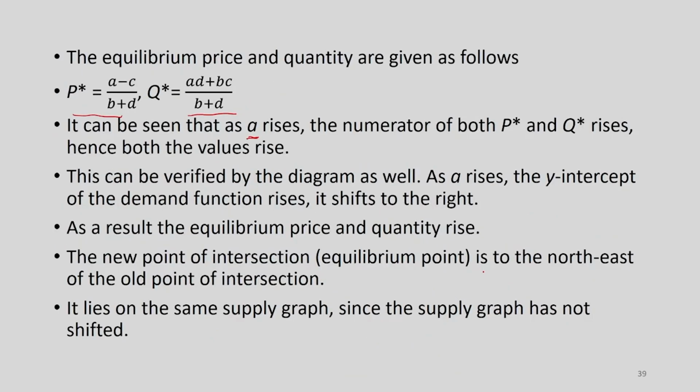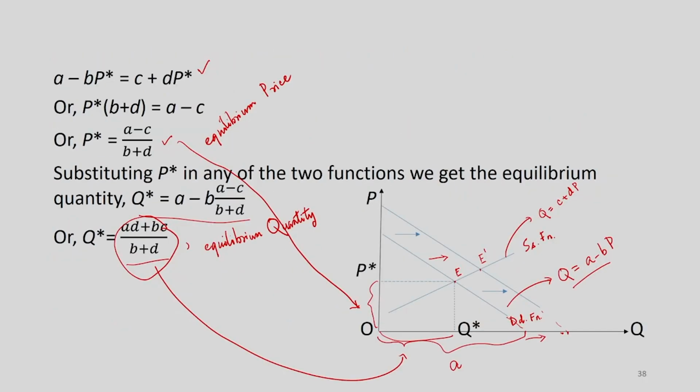Just a small correction: this I have written as y intercept. This is not the y intercept. Automatically, a basically means the intercept on the horizontal axis, right. This a is the intercept on the horizontal axis.